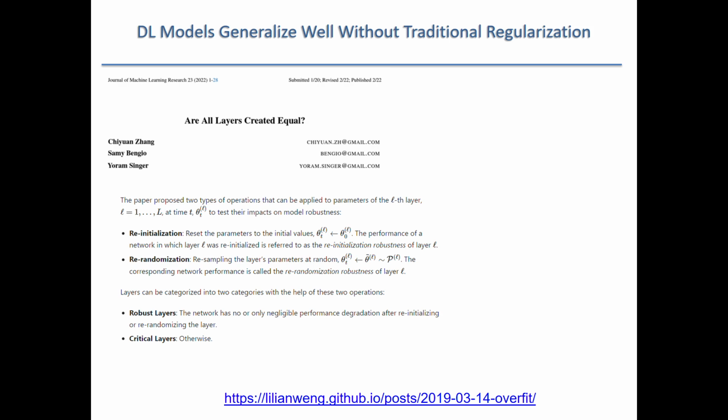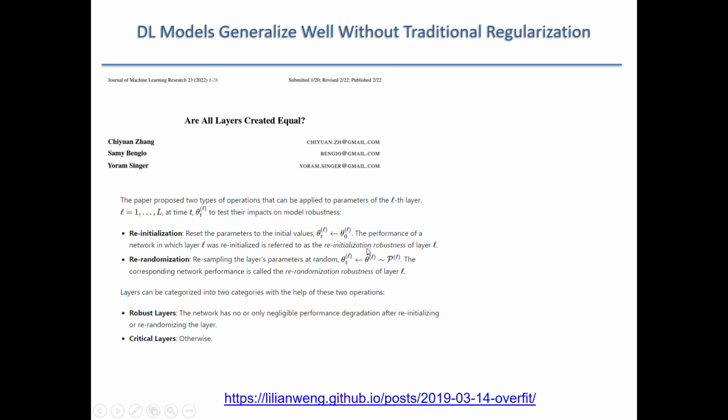The formal way to prove that was analyzing what happens with the networks. Are all the layers equally important? They came out with a couple of operations. One of them is reinitialization, and the other one is re-randomization. Reinitialization is: we have trained our network, we have converged, now I take the weights of one layer and I reset them to the initial condition.